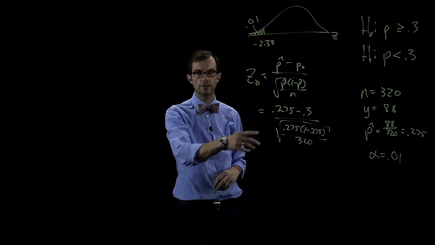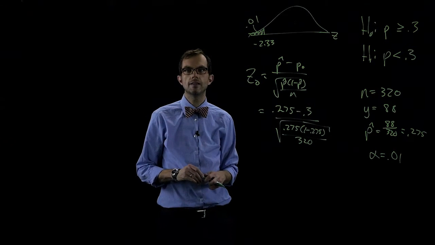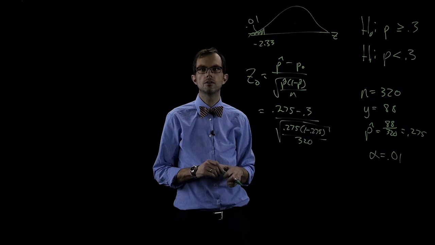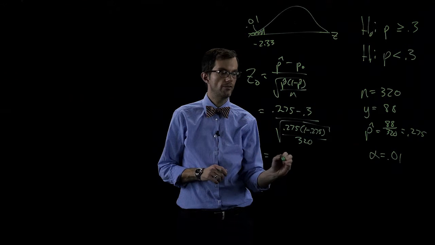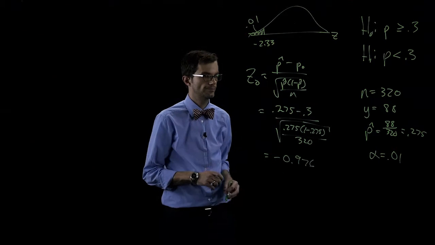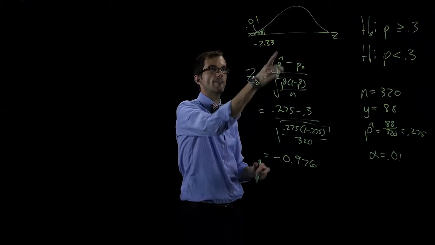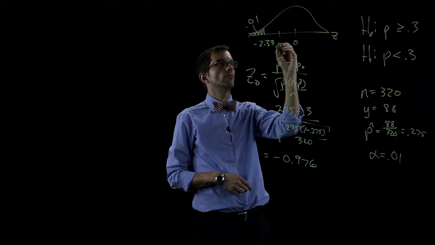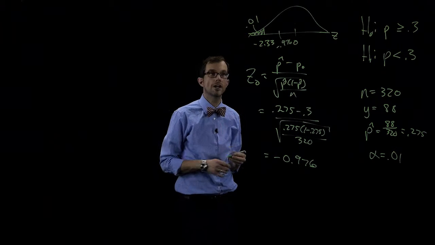If we work this out, this is just arithmetic, we should get that the test statistic is something like negative 0.976. That value lies right about here, negative 0.976. It lies in the non-rejection region.